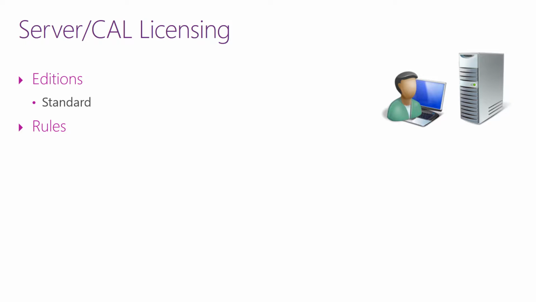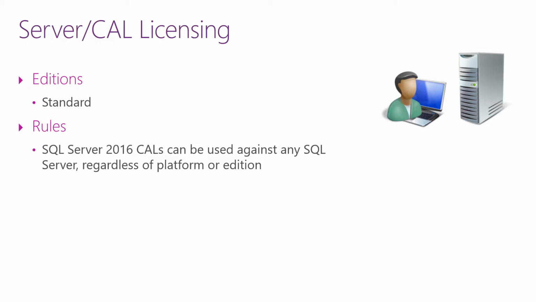SQL Server 2016 CALs can be used against any SQL server, and that's regardless of platform or edition. So it doesn't matter what infrastructure is used to deploy SQL Server. You may well be aware that the CAL version has to be the same or higher than the server version to which it's licensing access. So if I had SQL Server 2008 R2, for example, 2016 CALs would be absolutely fine, but not the other way around.